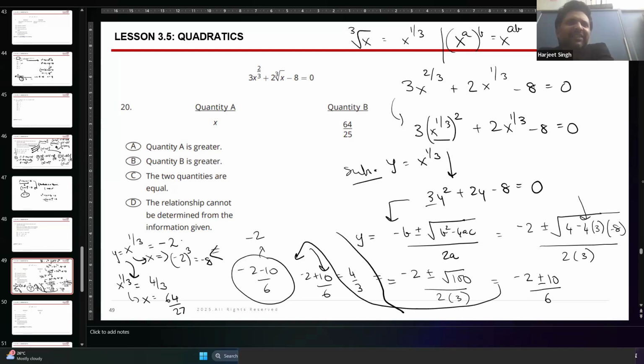And why is B the answer? Because minus 8 is less than 64 over 25. And then 64 over 27 is also less than 64 over 25. Absolutely. You're right. So the answer is B.